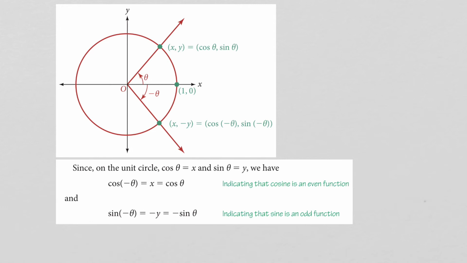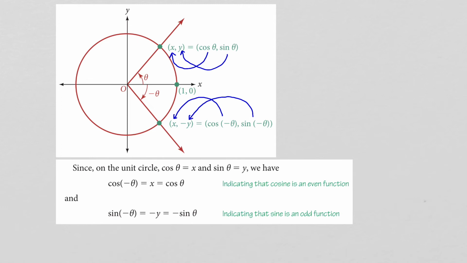But we also know that x and y on the unit circle are equal to cosine of theta and sine of theta respectively, right? We know cosine of theta is x, and we know sine of theta is y. And for negative theta, it's the same thing. Cosine of negative theta is the x-coordinate. Sine of negative theta is the y-coordinate. So what do we get from this?